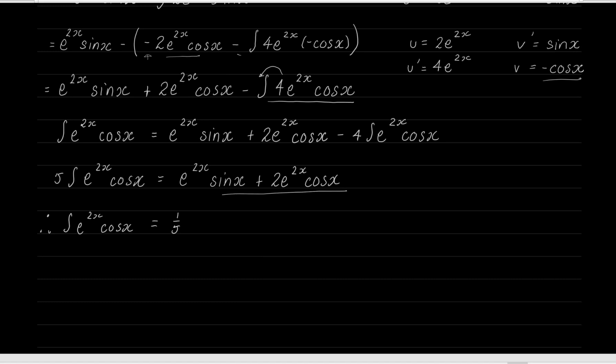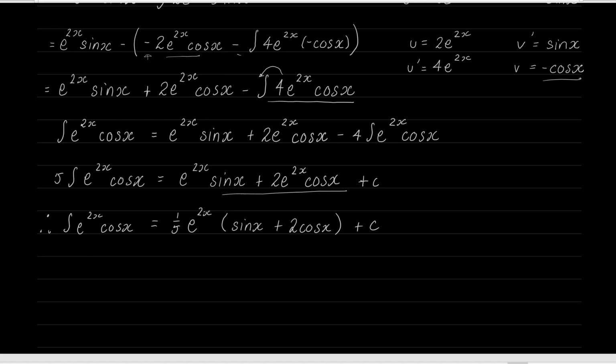Because I don't want to keep writing everything, we can also see e to the 2x is a common factor. So that is sin x plus 2 cos x, and somewhere around there, yes, I forgot to put the plus c, so make sure that you add that.